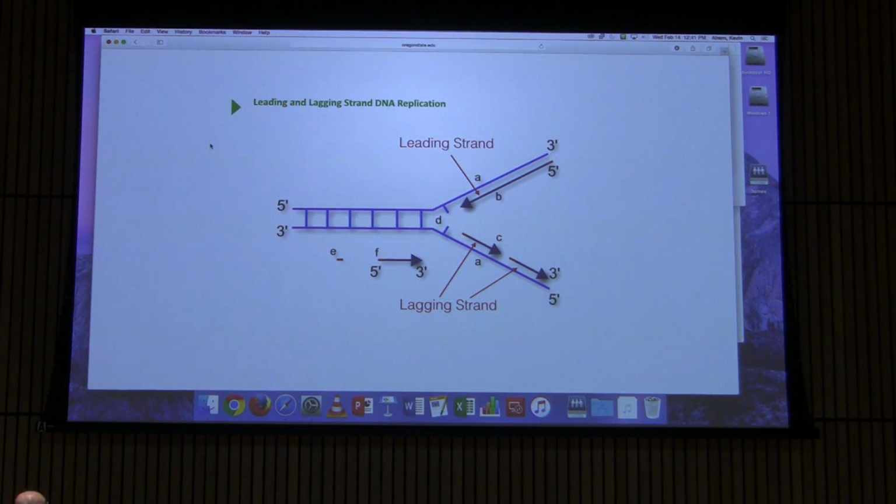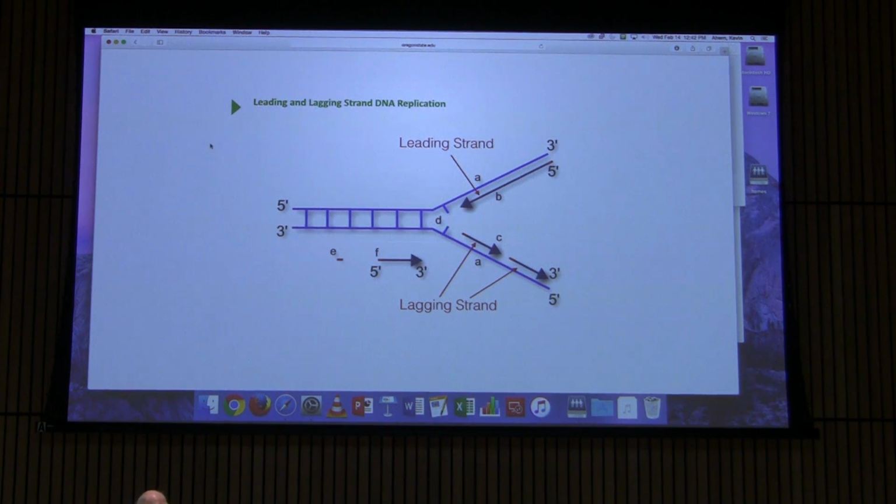Whoa. Well, why does it go in pieces? Why doesn't it just start right here and go on out? The synthesis of the bottom strand can only occur when a portion of this gets opened up as a single strand. And what does it take to open it up as a single strand? That's the progression of the top one. As the top one moves further along, more of the bottom one is freed, and primase says, oh, let's start here.